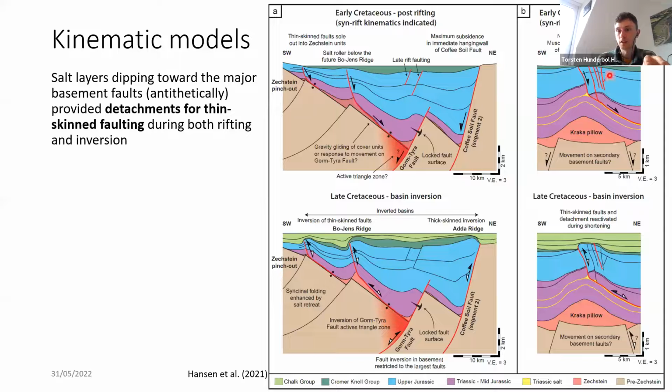Also, a small figure here for the Crocker case, with thin-skin faults detaching into Triassic faults.